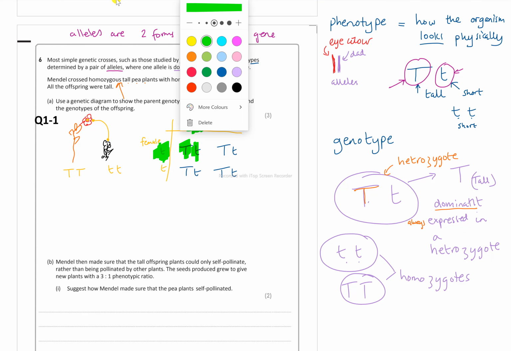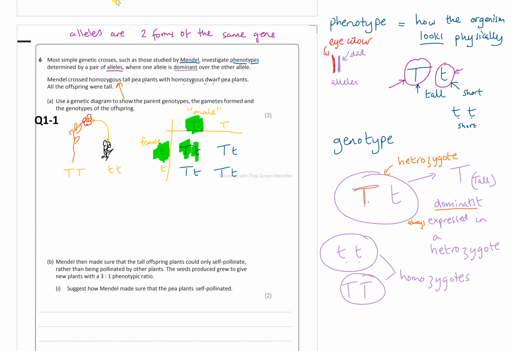So what we're going to do is we're going to end up with what type of plants? What's the phenotype? Phenotype I like to see is how the plant looks. So this is going to look tall. Why? Because the big T is its what?